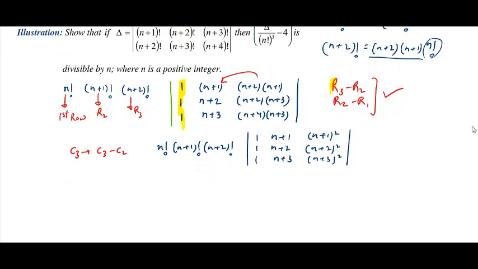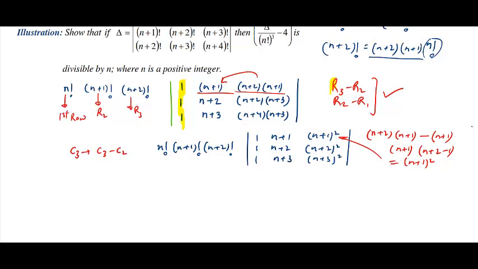I'll recommend it because from the third column we subtract n plus 1 from the second column. If I take n plus 1 common, I get n plus 2 minus 1, which is n plus 1 whole square, right? So this is the term which we have written here. Similarly for the other elements.